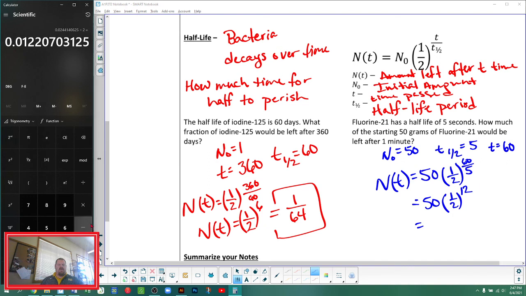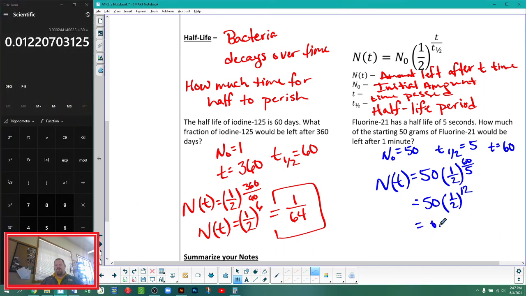And I believe that's what I had. I might be off by 1, but I might have hit it too many times. Let's go ahead and check again. 50 times, do the 1/2 first. 1/2 to the 12th times 50. Nope, I think I hit it just right.